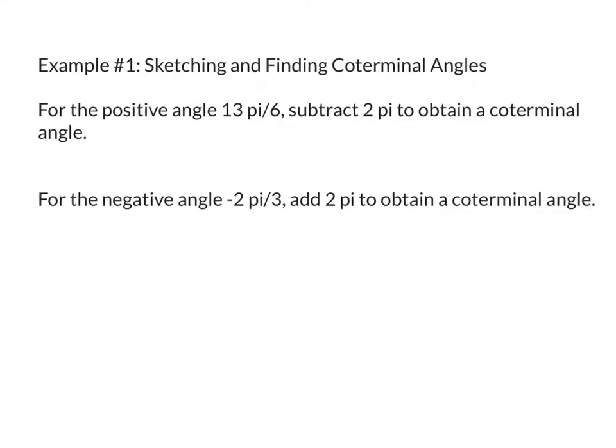So in example 1, it says for the positive angle 13 pi over 6, subtract 2 pi to obtain a coterminal angle. And again, technically, this would be a negative coterminal angle. So let's go ahead and do that. 13 pi over 6, we want to subtract 2 pi.